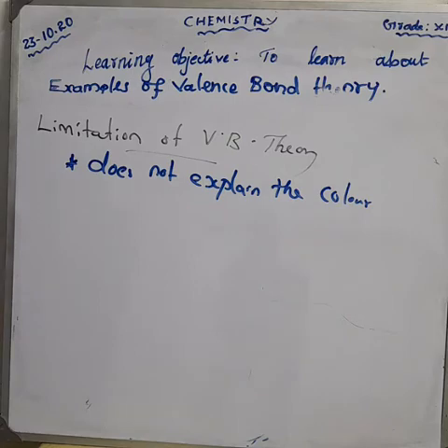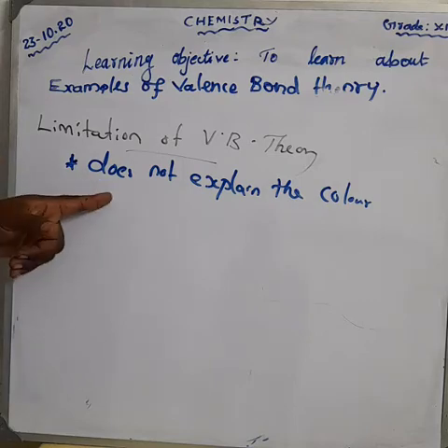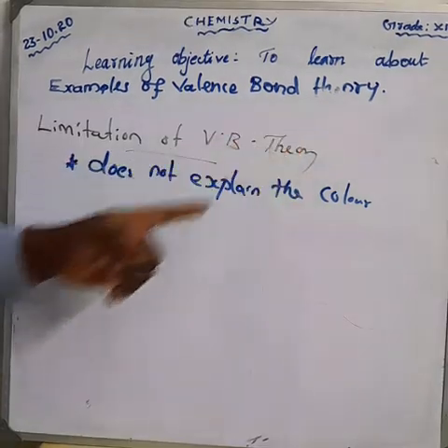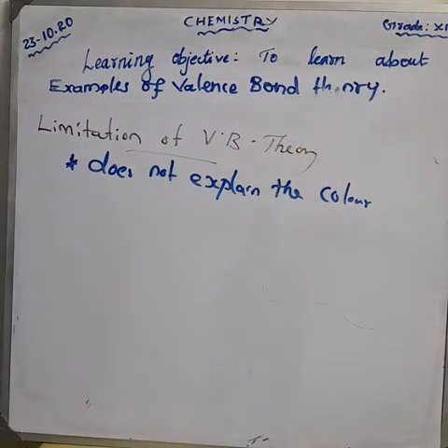It also explains the coordination number, hybridization, geometry, magnetic property and magnetic moment. Everything is good, but one limitation is that it does not explain the color of the complex.